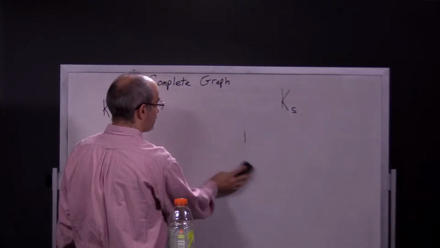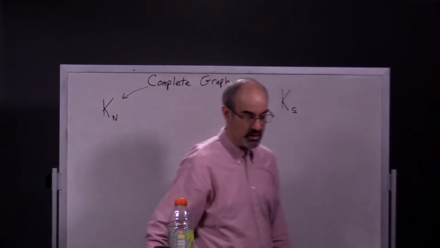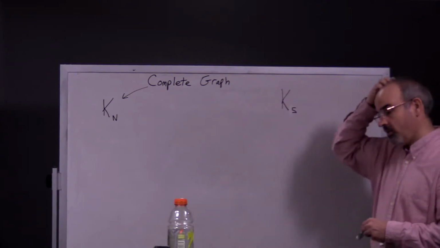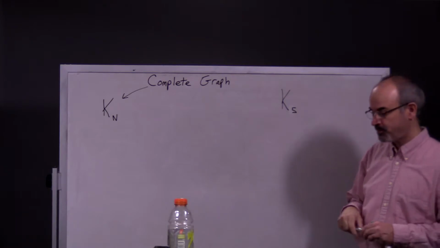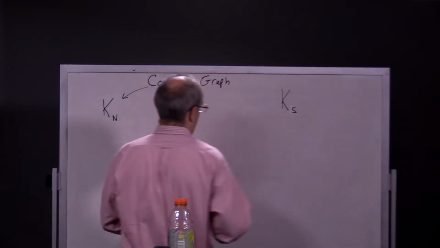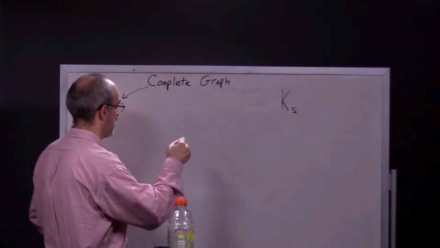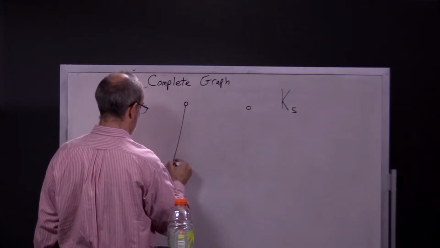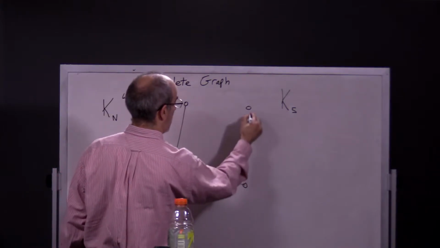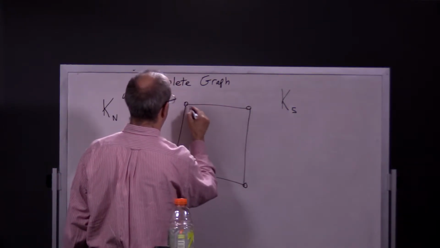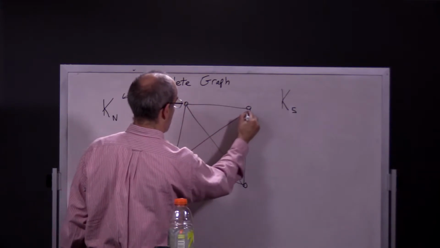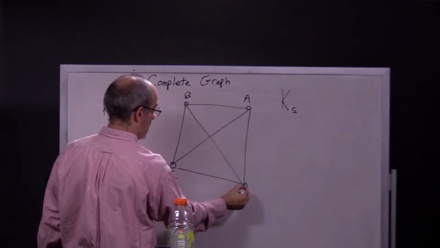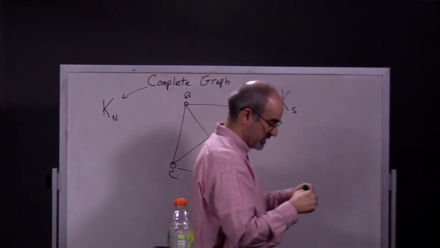Alright, so I think in this video I also talk about the beginning of a traveling salesperson problem. So, traveling salesperson problem has to do with, I'm going to go back to drawing K4. Okay, so this is K4.